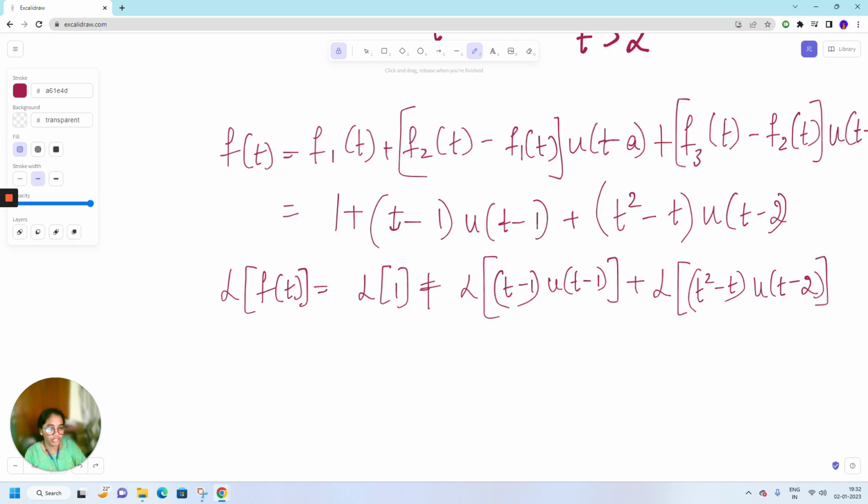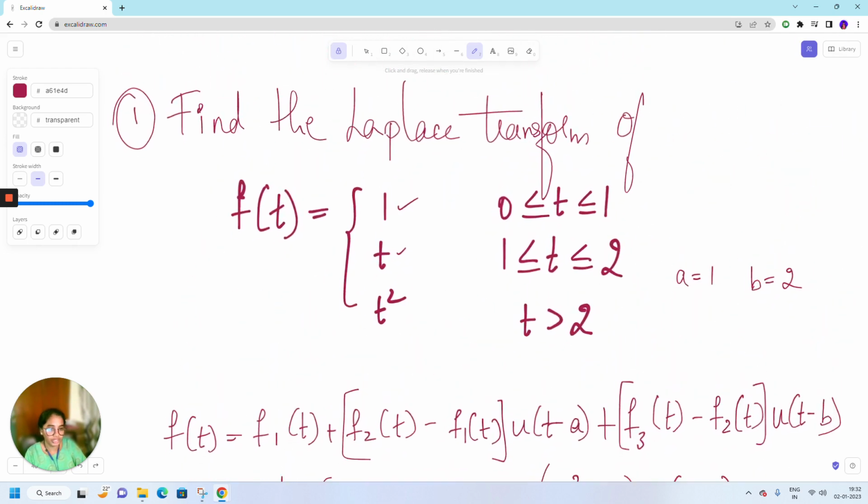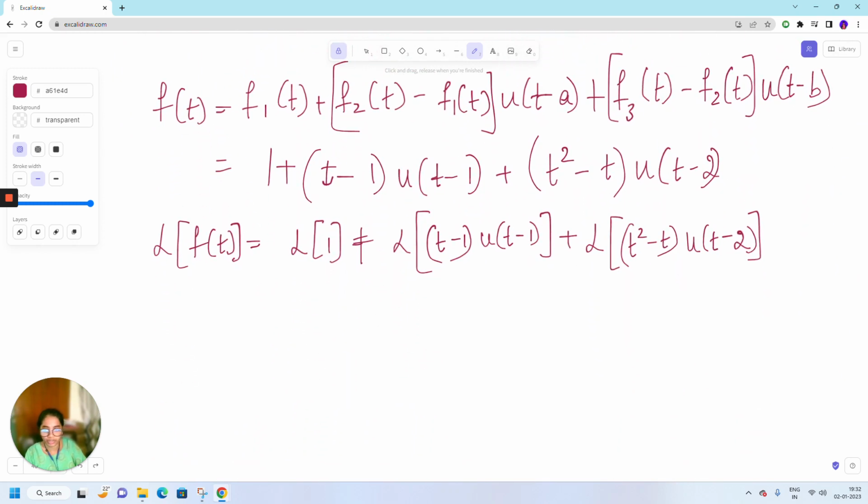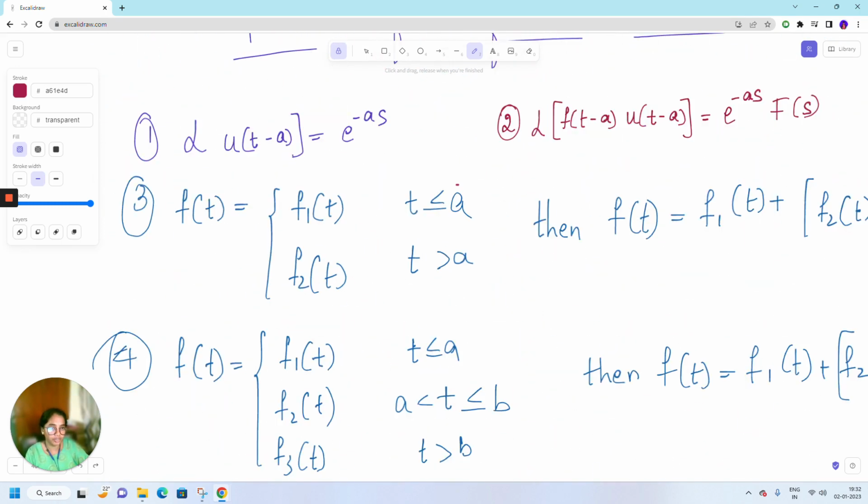So we should know solving second property really well to solve unit step function. Laplace of the first term will be 1 divided by s. How do we find Laplace of this? What was the formula that I gave you?